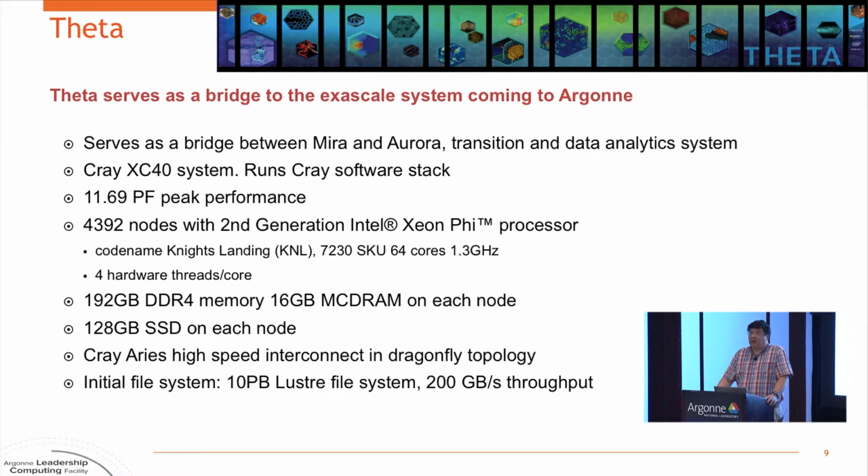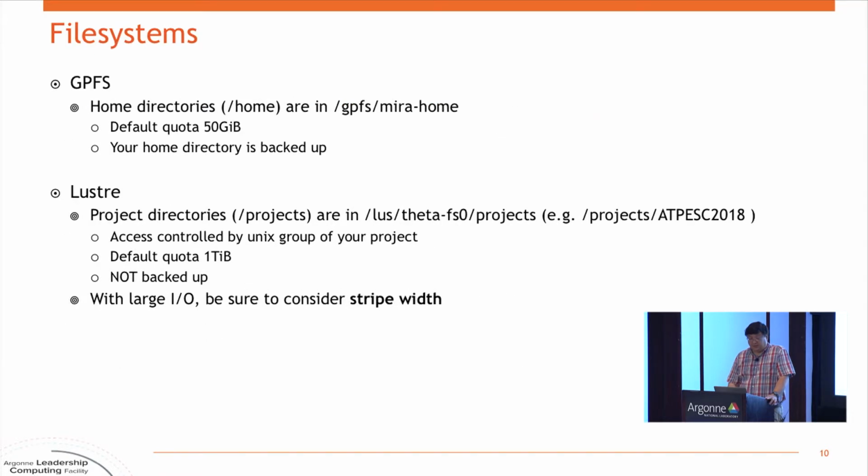If your application fits in the high bandwidth memory, you can speed it up quite a bit by taking advantage of that. There are also SSDs on each node. You do have to make a special request to access those, so just to be aware. And the machine is connected with a Cray Aries in a Dragonfly topology.